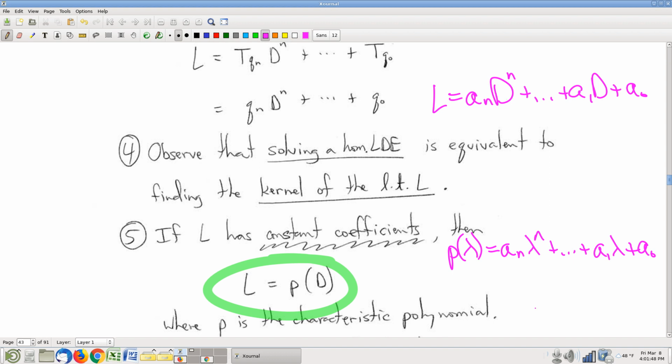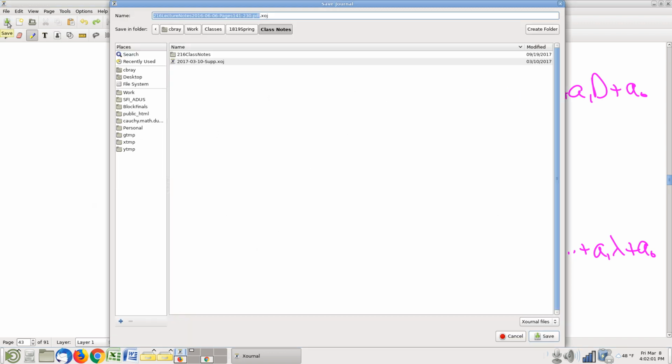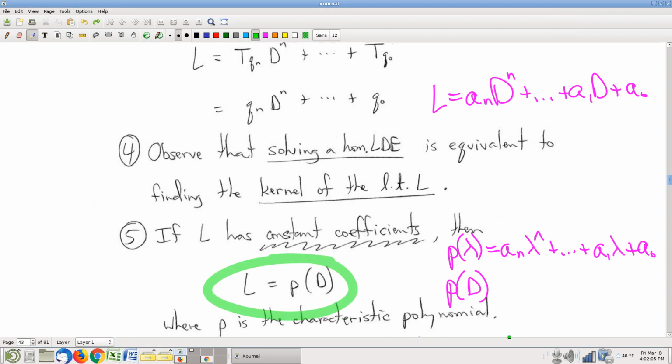And now let's plug D into that. So P of D, everywhere I see lambda, I've got to put a D. Sorry about that, I think I just hit the wrong button there.